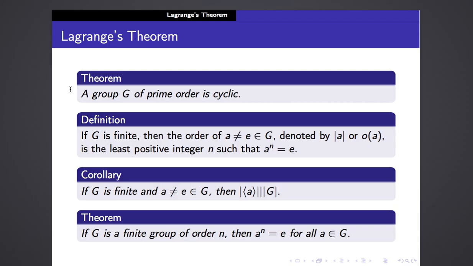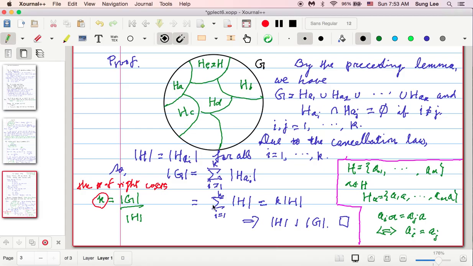Okay, so next theorem: a group G of prime order is cyclic. This is very important and useful, right? This can actually be proved using Lagrange's theorem. So we're going to get back to my notepad.